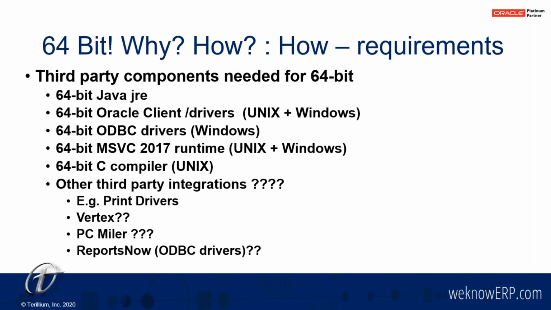Third-party components. What do I need in place? What do I need to go and get to be ready for this conversion? Well, you will need a 64-bit Java JRE, once again, because the JVM that is on the enterprise server needs to be upgraded to 64-bit. Your database drivers, as we've mentioned, your ODBC drivers need to be 64-bit.